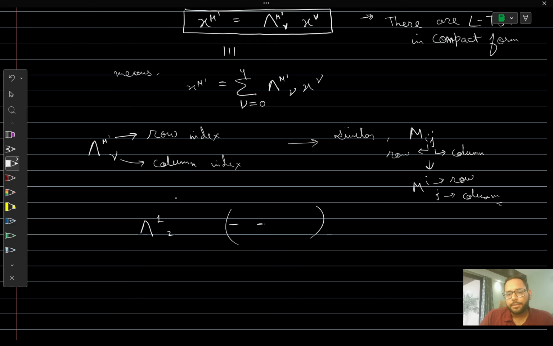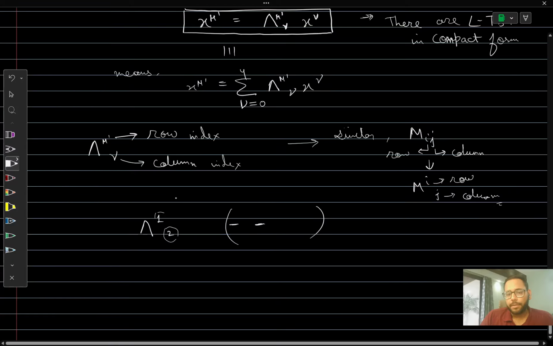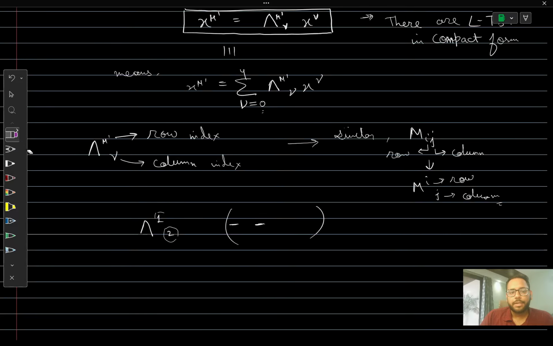Since the indices are running from 0, the first number, one, will denote the second row, and this will be my third column.